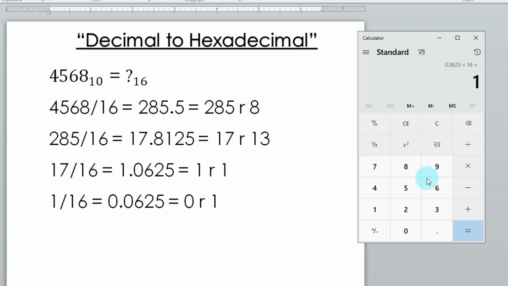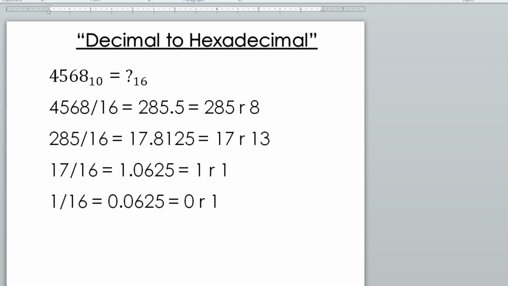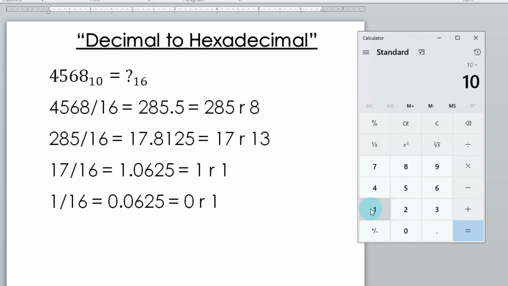Let's just imagine that we have 10 here. 10 divided by 16 is equal to 0.625.